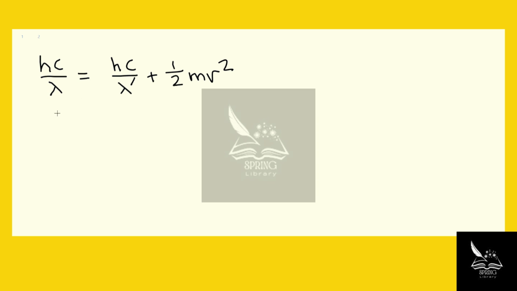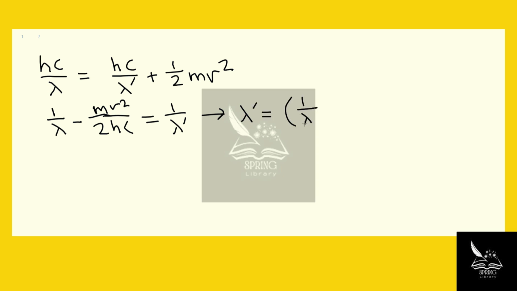Doing some algebra, we can divide everything by hc and move some terms around. You can have mv squared over 2hc equals 1 over lambda prime. This is actually two steps of algebra: I divide everything by hc and move this term to the other side, and then I invert everything to arrive at this expression.